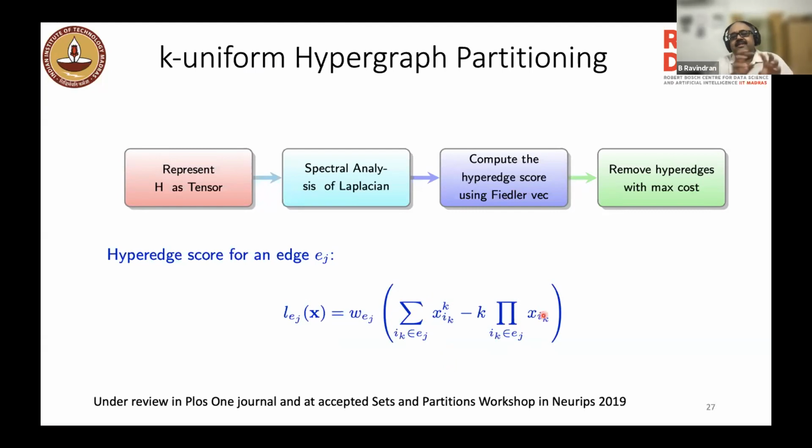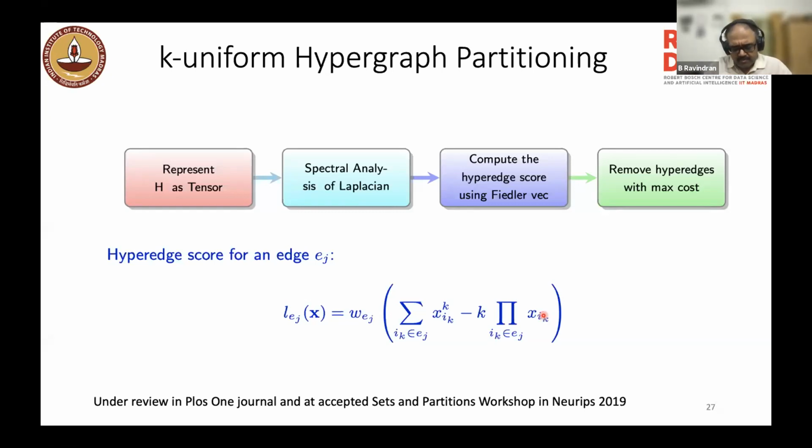So this is essentially something like the arithmetic mean of the kth power and the geometric mean of the kth power. And the larger this value is, the more it is an edge that needs to be cut, because there is something very disparate about it. If the geometric and the arithmetic mean are the same, the score is going to be 0, and therefore you can retain it.